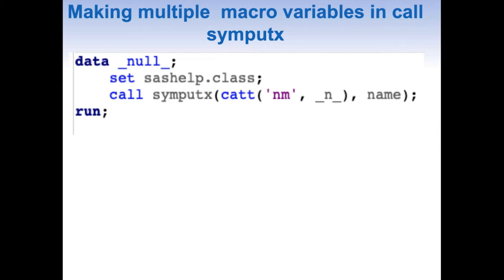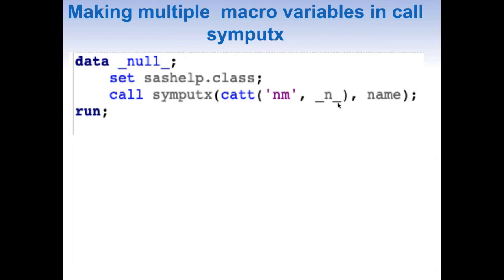So let us look a little bit deeper into this argument, wherein I am giving more of a SAS expression, wherein I am trying to concatenate nm with _n_. _n_ represents the number of times the data step has iterated and it starts with 1. I have made a video on this topic and the link for the same I will give in the description below.